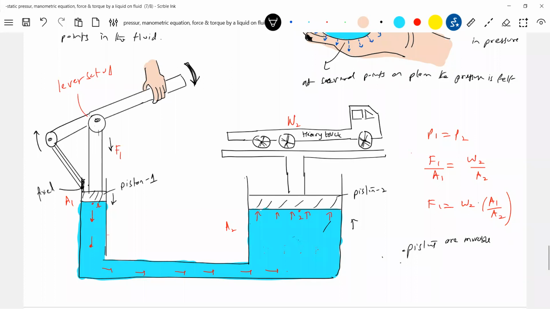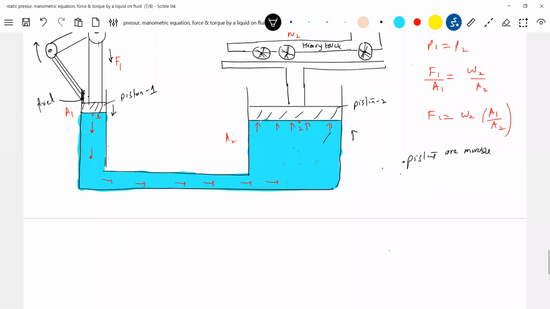Okay, this is about the basic Pascal's law. Now one more last example of this, then I'll wind up this topic.